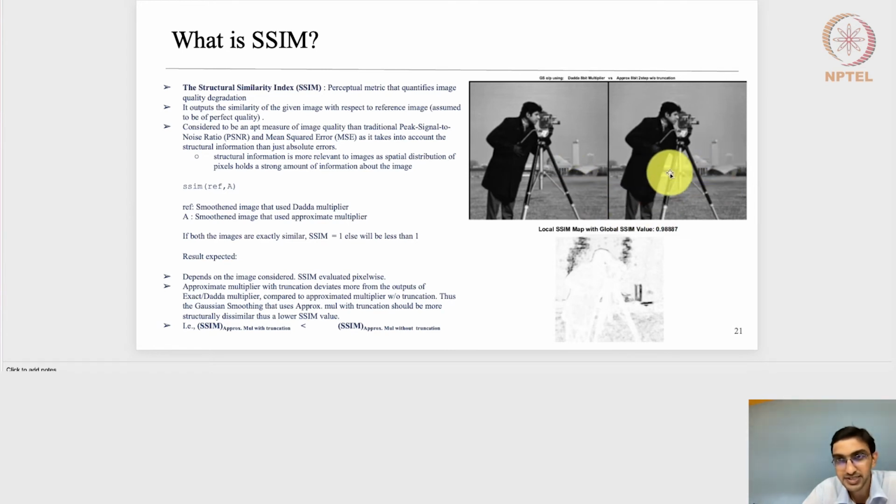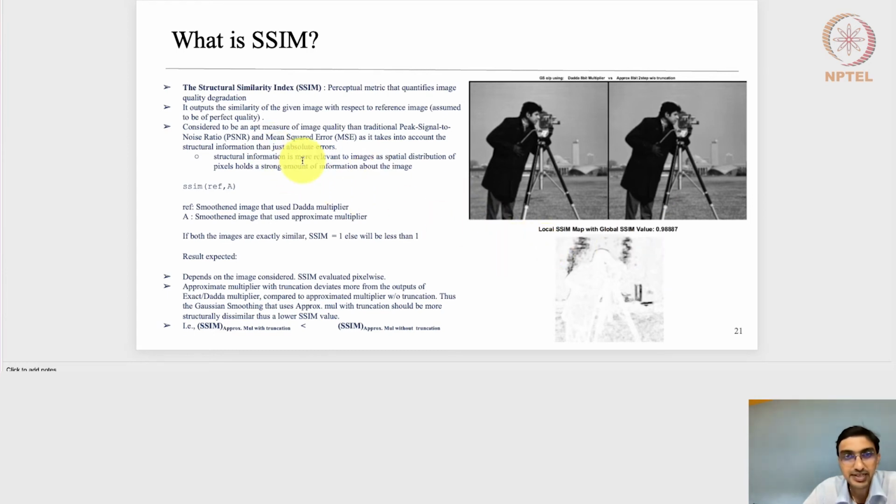So with respect to these two images, we still get the same kind of information that is required. That's why we say that approximate computing is used especially for error resilient applications, and image processing happens to be one of them.